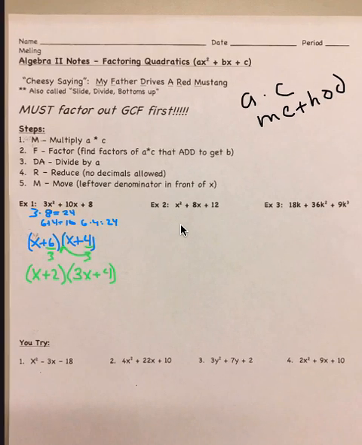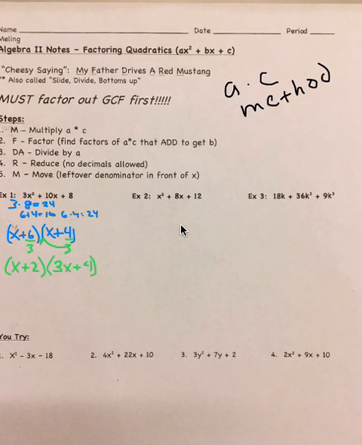Now, for example 2, we have x squared plus 8x plus 12. So in this case, when we do A times C, it's 1 times 12, which is 12. So the two numbers that multiply to be 12 and add up to be 8, 6 and 2, and 6 plus 2, so they both work.